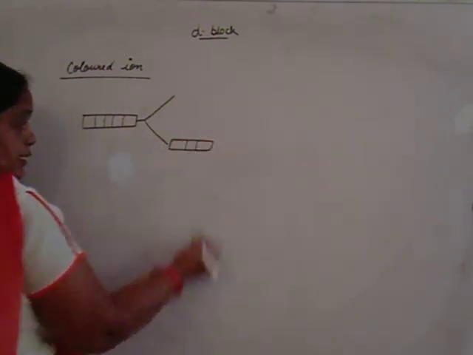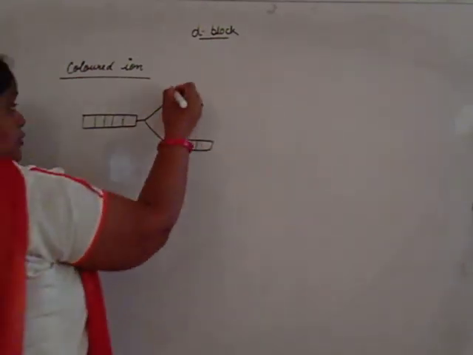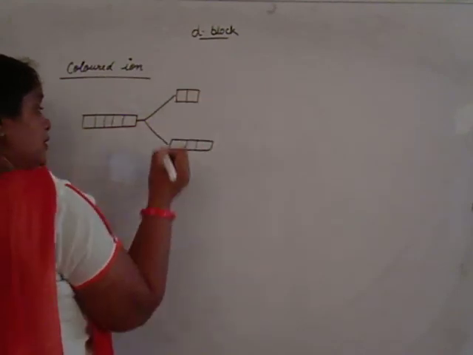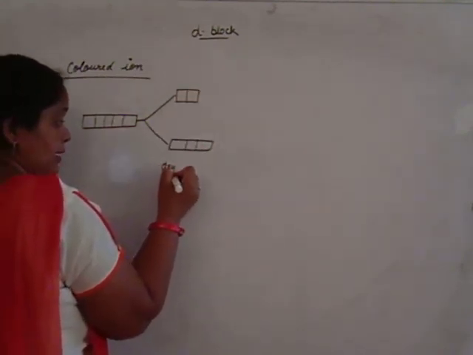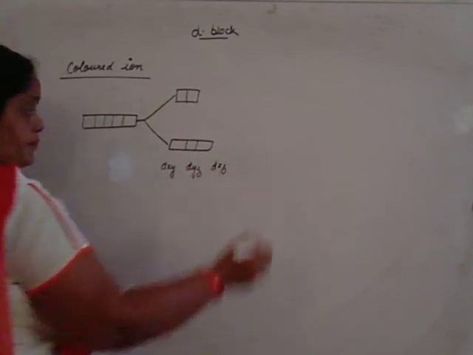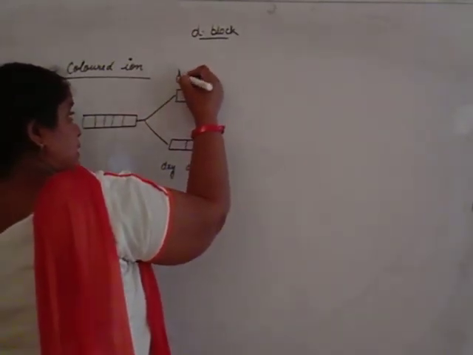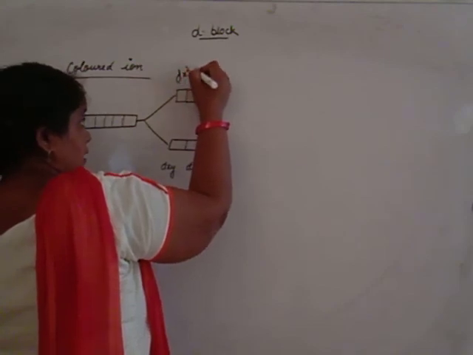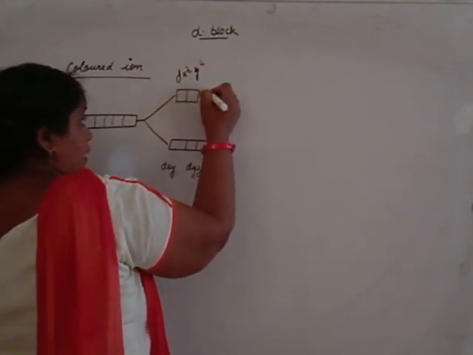One group consists of 3 orbitals, the other group consists of 2 orbitals. The 3 orbitals are dxy, dyz, dxz, and the other 2 are dx2-y2 and dz2.